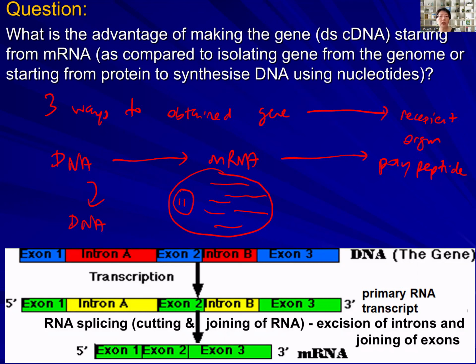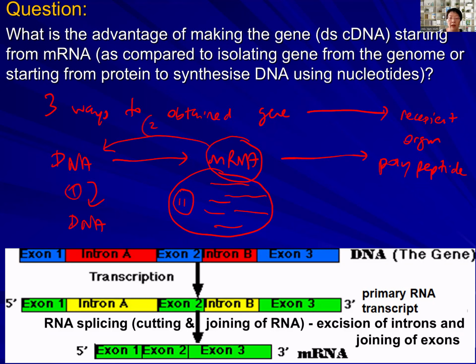So between the 2 genes that I want to fish out versus the many mRNA in the cytoplasm, which one is easier for me to isolate? The mRNA, isn't it? Because you've got more copies, it's easier to isolate. So I can isolate mRNA from the cell, and then from mRNA, I synthesize the DNA. So this is the second way of obtaining the gene: from mRNA, you produce the DNA.